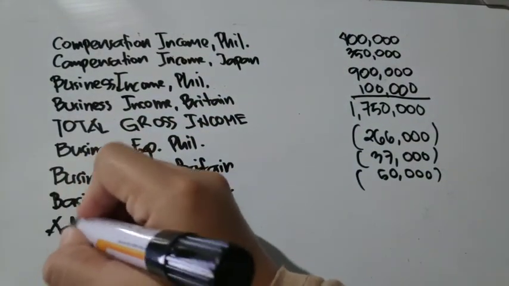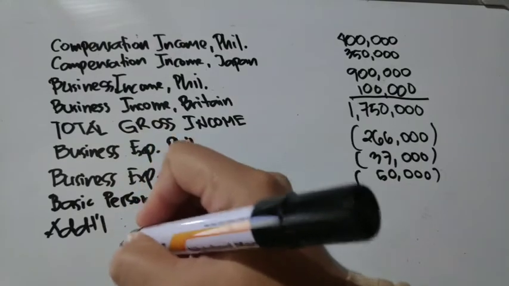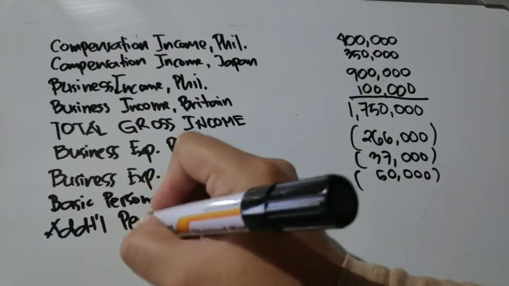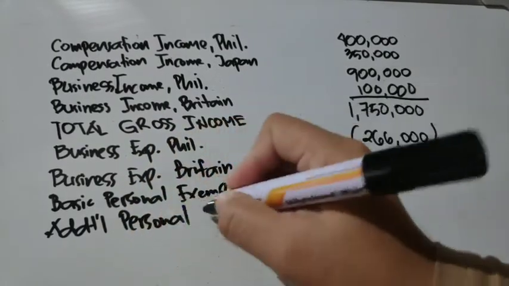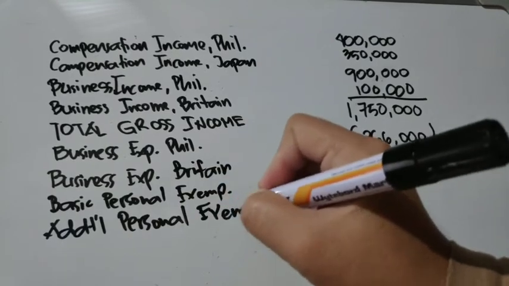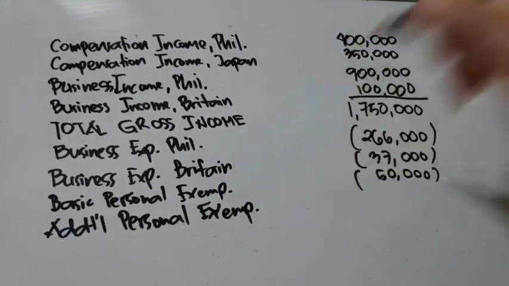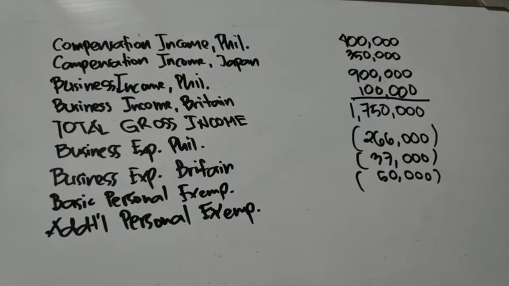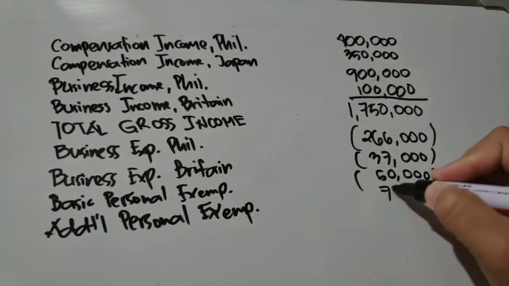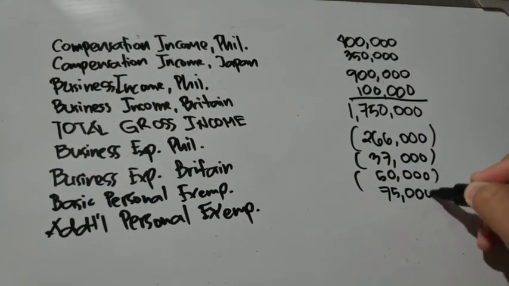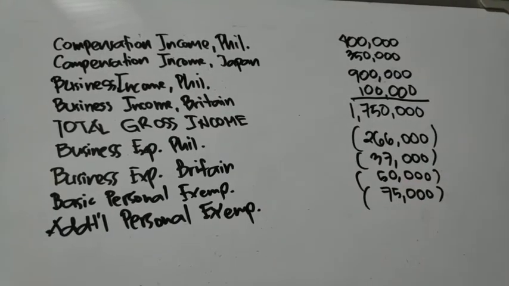So you will write here additional personal exemption. Okay. Sinushorten ko yung mga words kasi maliit yung board natin para ma-write it down ko lahat within the range ng ating board.